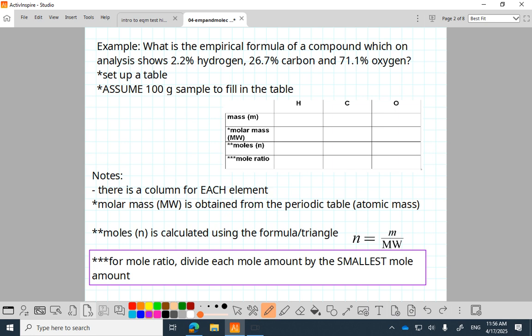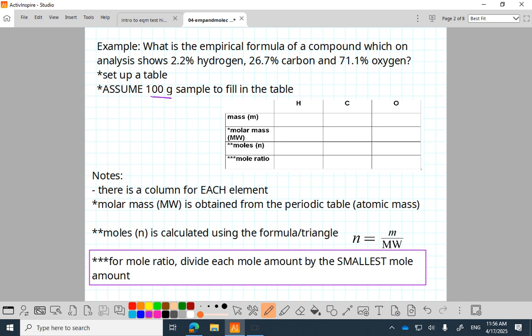So in order for us to use it as a mass amount, no matter what our mass was, if I said 2.2% of whatever the gram sample was, you would divide by 100 and multiply. So if your brain needs that kind of sentence, we'll always assume a 100 gram sample.